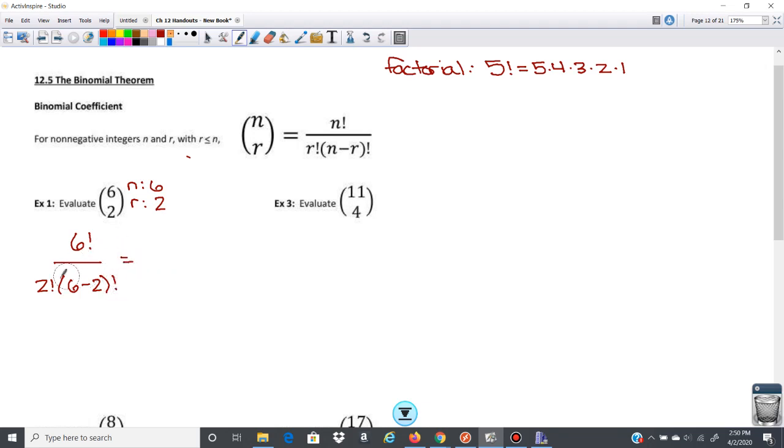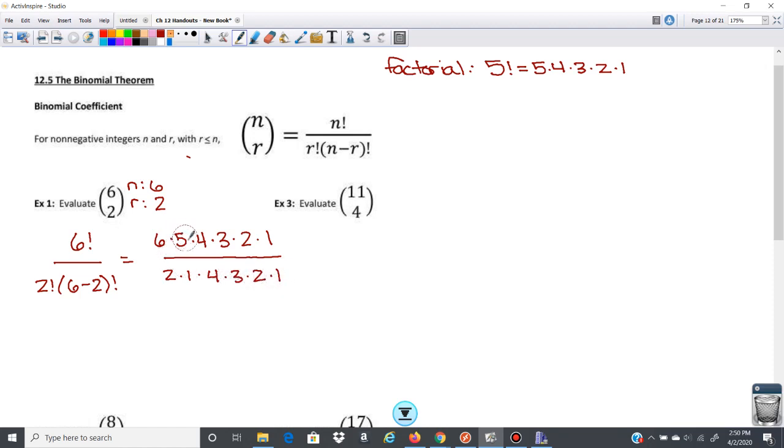Working that out, this gives me 6 factorial, so 6 times 5, 4, 3, 2, 1, over 2 factorial, which is 2 times 1, and then 6 minus 2 is 4, so that would be 4 factorial, 4, 3, 2, and 1.